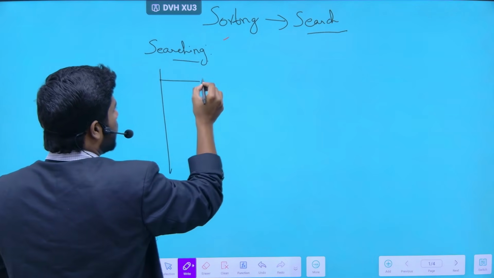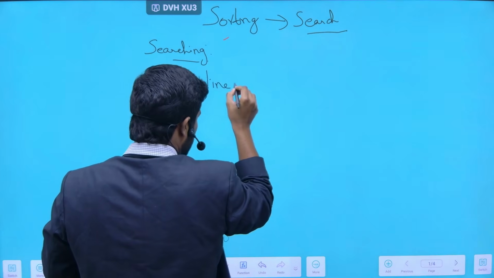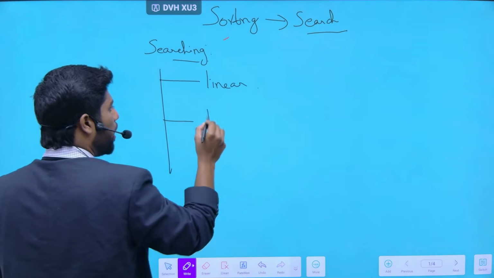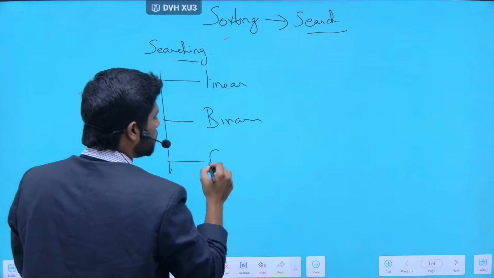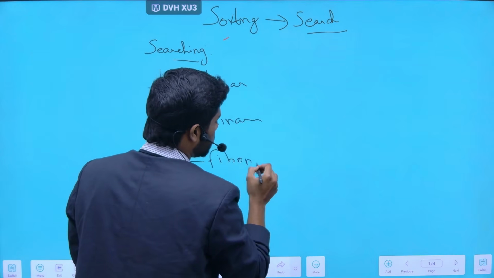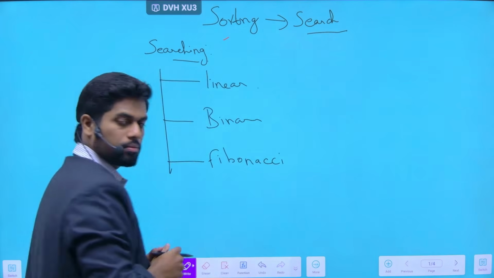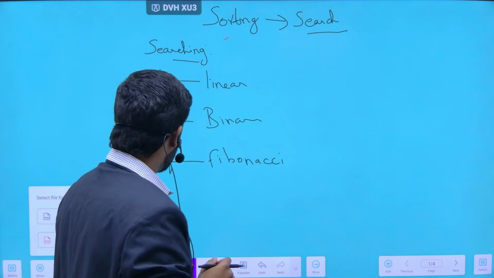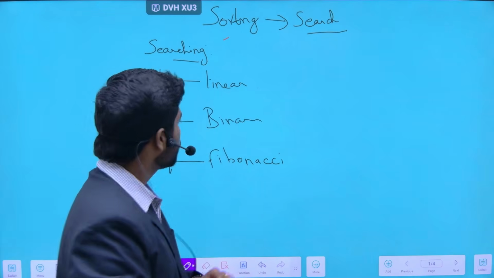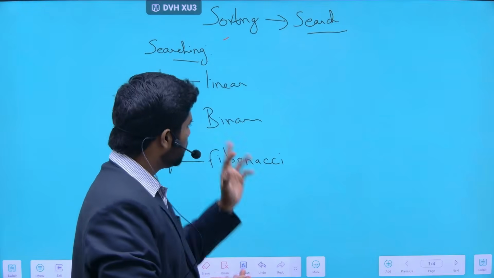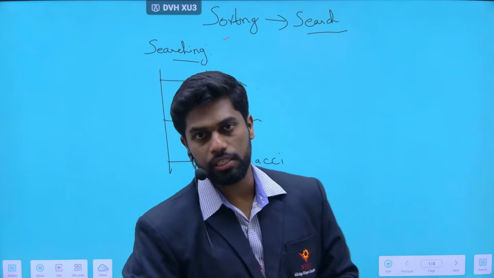Searching will be linear searching, binary searching, and Fibonacci searching. So as of now, 3 types of searching technique are there: linear search, binary search, and Fibonacci search.